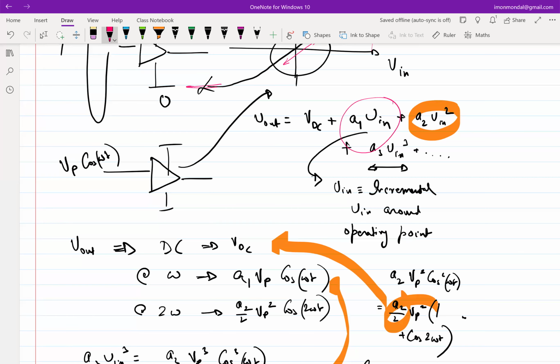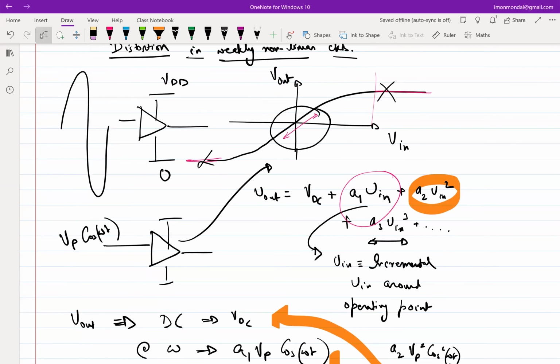Under what condition on V in is the weakly nonlinear assumption valid? You have to ensure that A1 V in is much greater than A2 V in squared, which means that V in has to be much less than A1 by A2. Which essentially limits how far you can go from the operating point. If you go too far, then V in is very large.